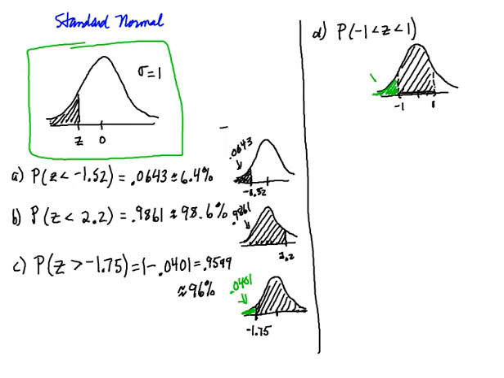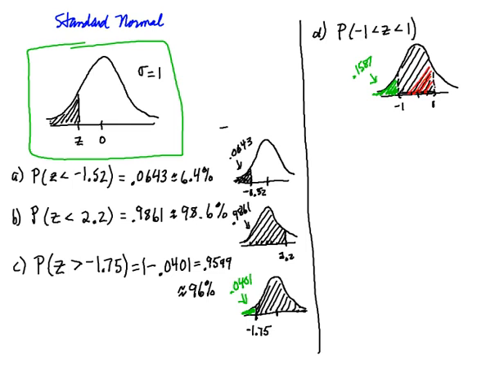So the area to the left of -1, the cumulative probability, is 0.1587. If I look up 1, I'm going to page 2 because that's a positive z-value, and I go down to row 1. And that's the entire number, so I'm going to stop at column 0.00, and I'm going to get 0.8413.